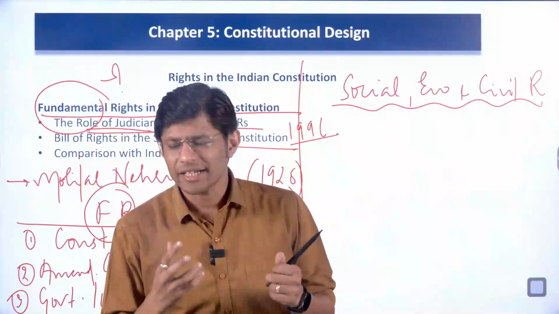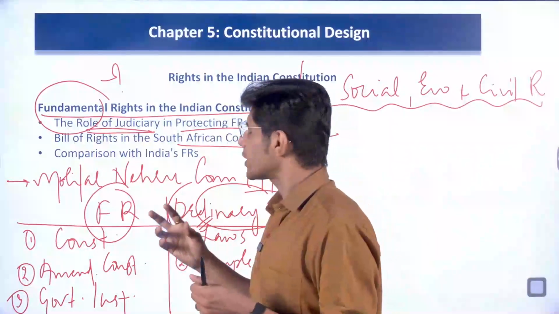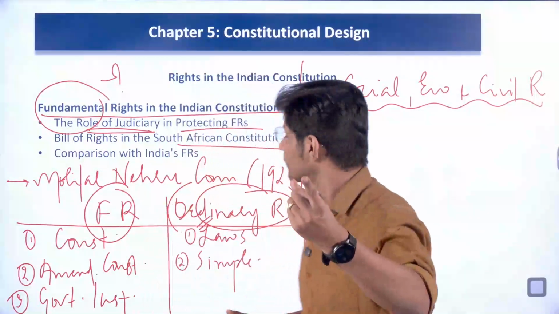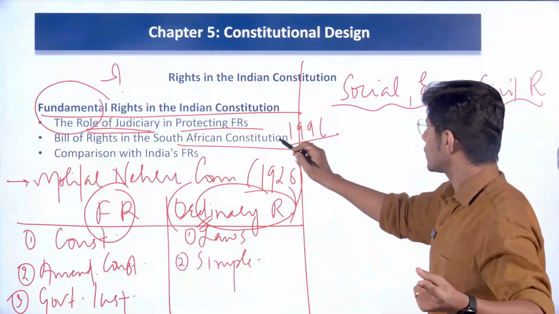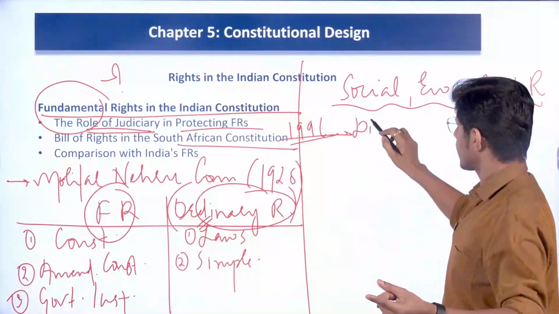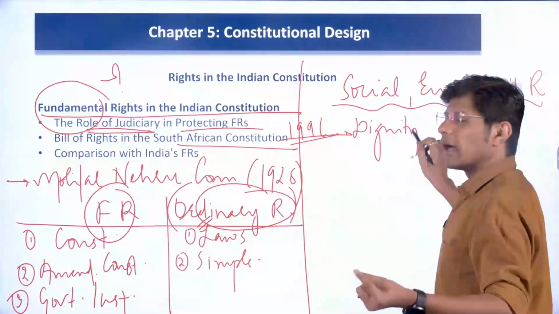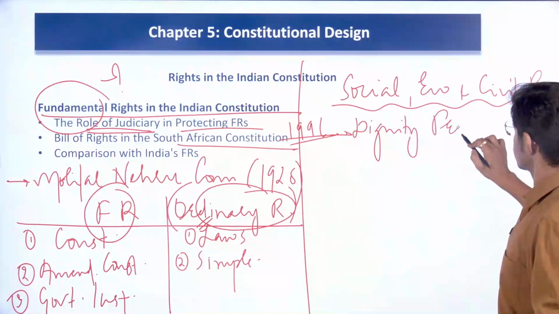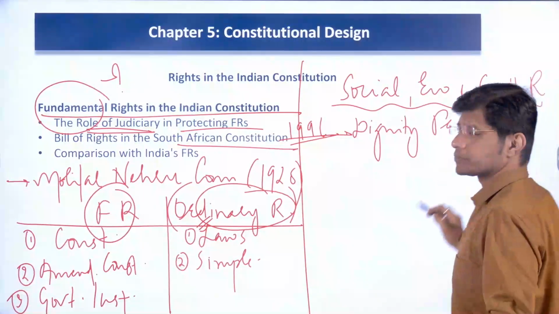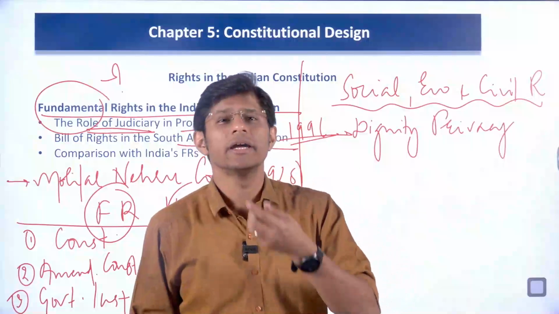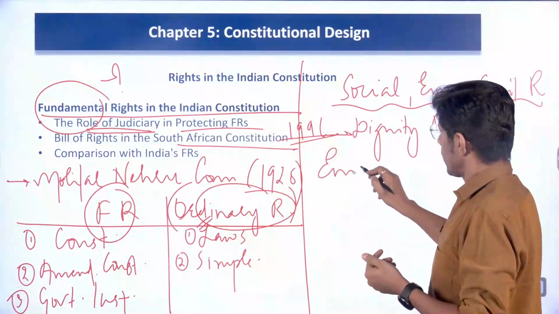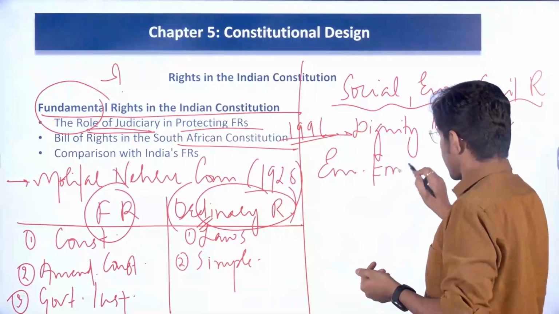Now, which are the key rights in the South African Bill of Rights? For example, we have the right to dignity, then privacy. Then the right to a healthy environment.